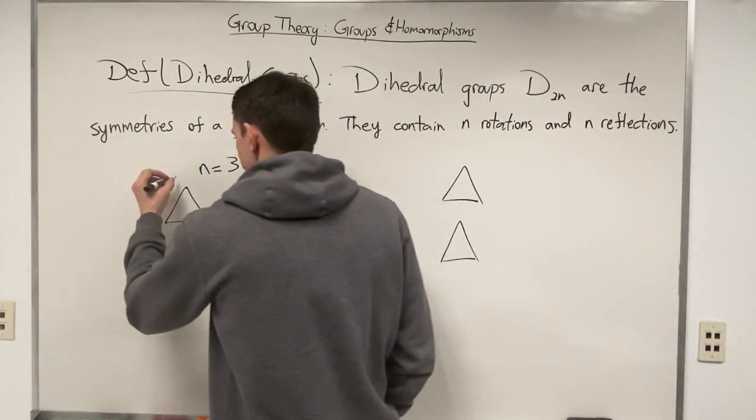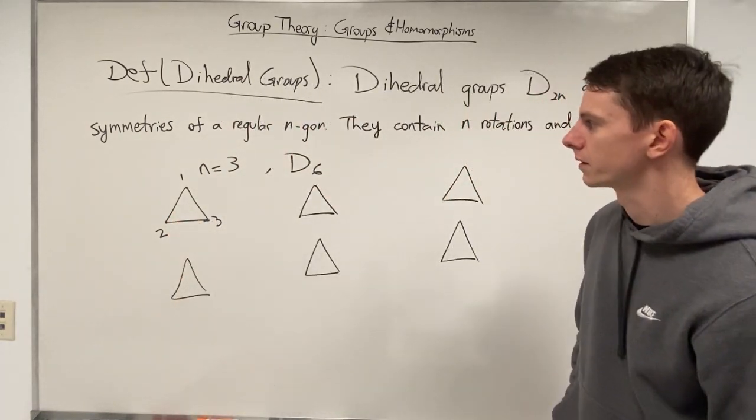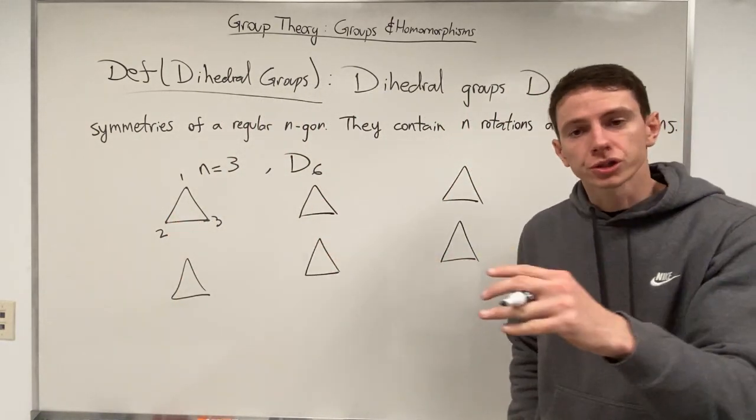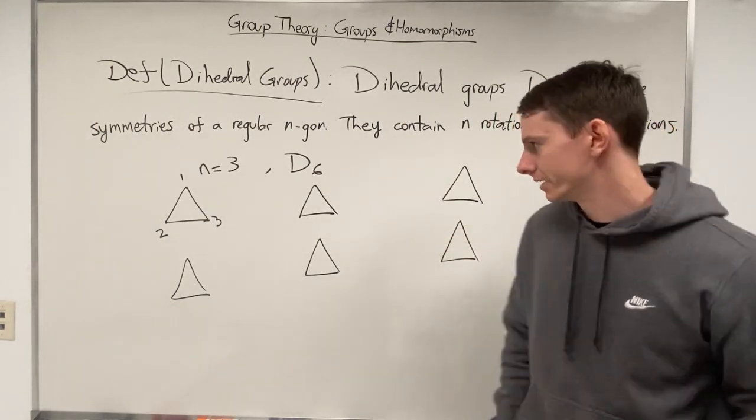If we were to have just starting vertices 1, 2, and 3, like this, we know that there is always going to be a do nothing transformation, and that acts as the identity element.